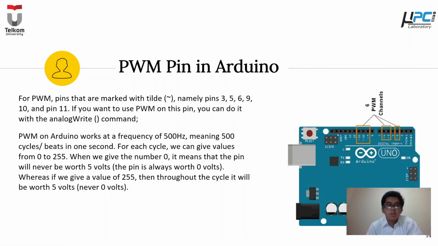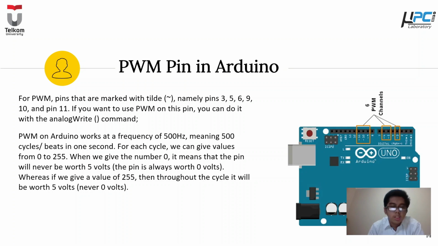Next one is PWM pins in Arduino. For PWM, the pins are marked with a tilde, namely pins 3, 5, 6, 9, 10, and 11. If you want to use PWM on these pins, you can do it with the analogWrite command. PWM on Arduino works at a frequency of 500 Hz, meaning 500 cycles in 1 second.